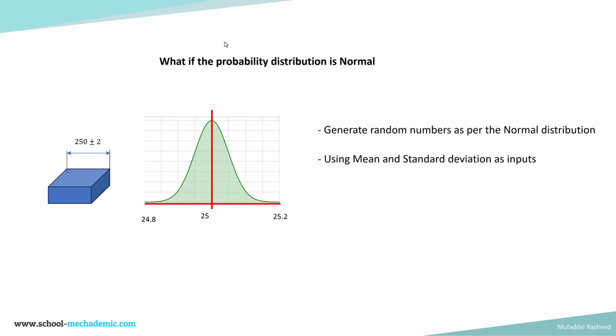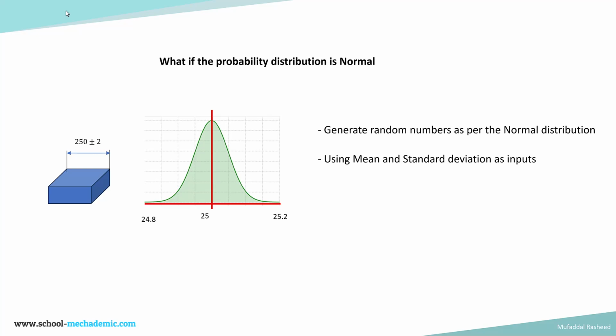In the example, for simplicity's sake, we considered the distribution to be uniform, but realistically, most probability distributions are normal distributions, especially in manufacturing. So if you consider a normal distribution, then the generation of random numbers should follow that normal distribution.